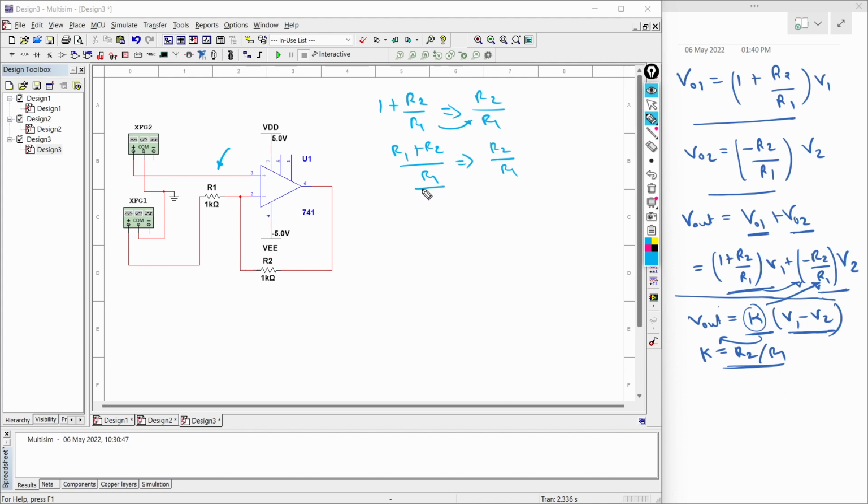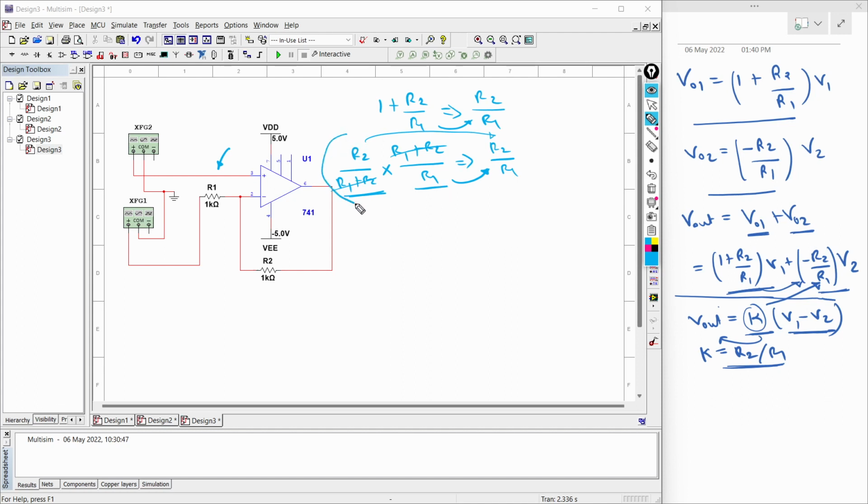So in order to make this gain equal to this, we need to add something to this equation. We are going to add a multiplying factor R2 divided by R1 plus R2, and if we achieve this, then R1 plus R2 will get cancelled out and we'll get R2 by R1 as the multiplying factor, or gain.